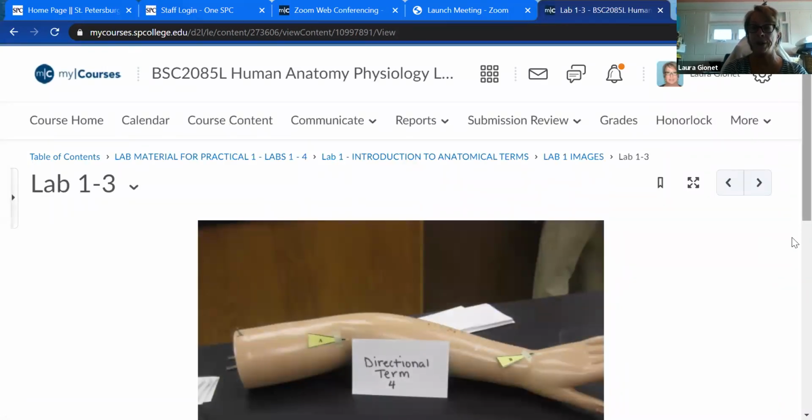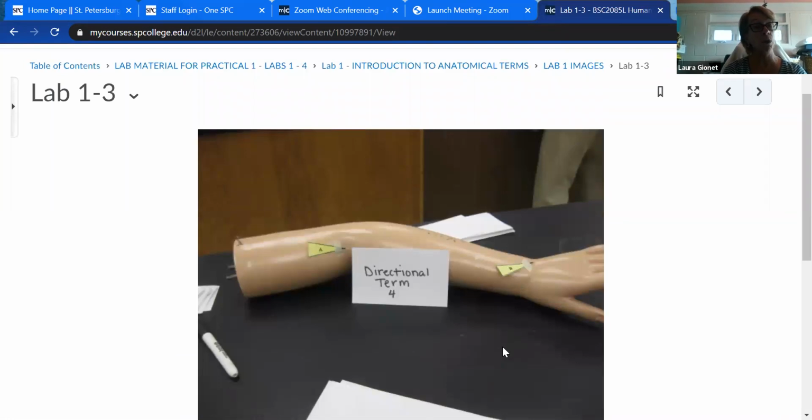Then we have an arm here, the same arm we're going to use for skin. So you have an A and you have a B, right? More than likely, if you see an arm and a leg, at least for this first quiz, and they're not pointing to muscle, like a whole leg and arm with the skin, then we're really talking about proximal distal terms, that pair.